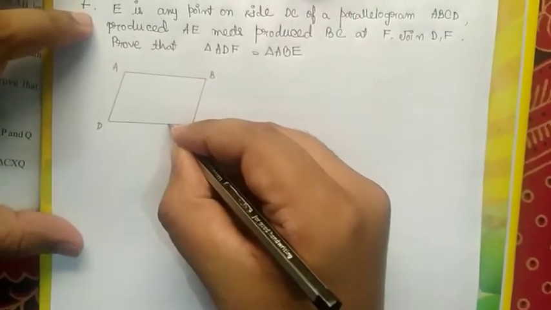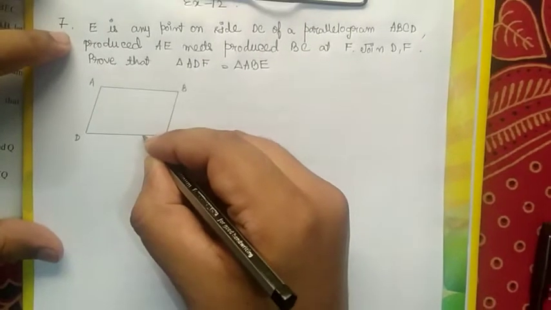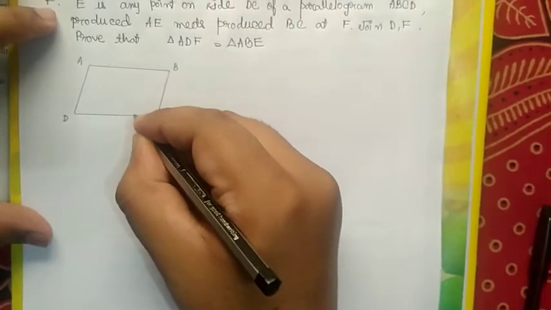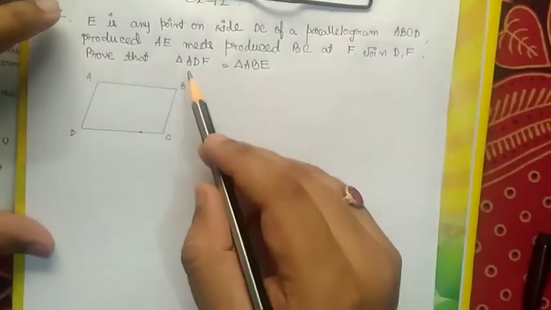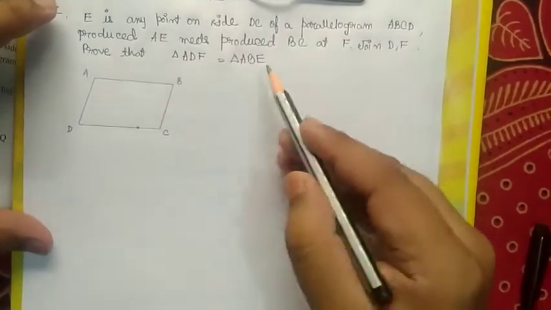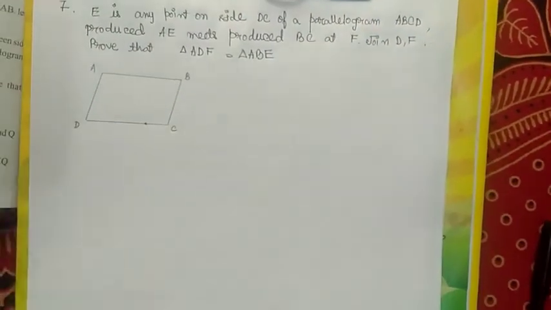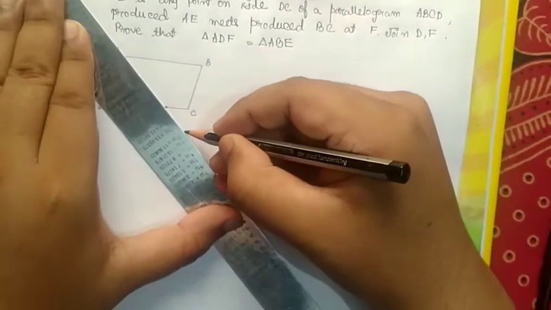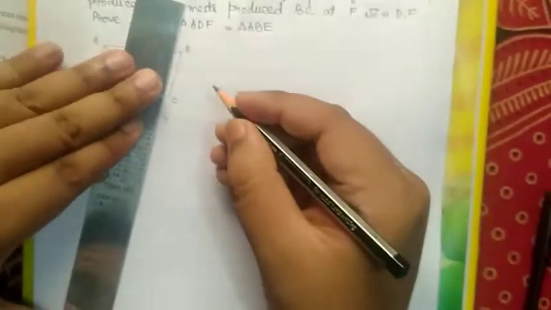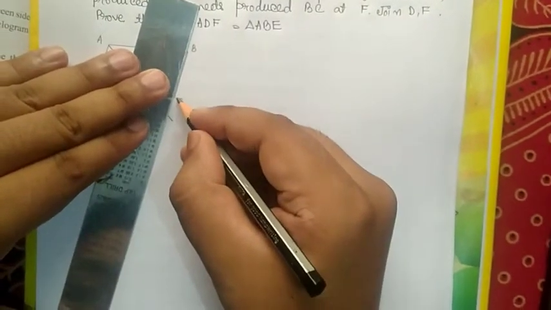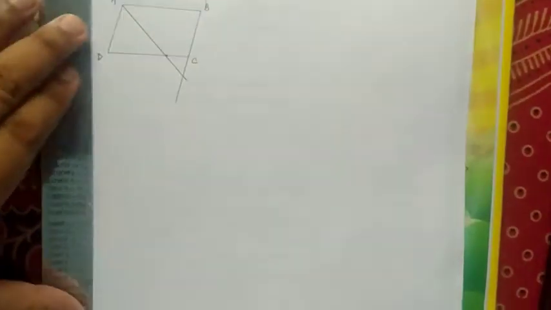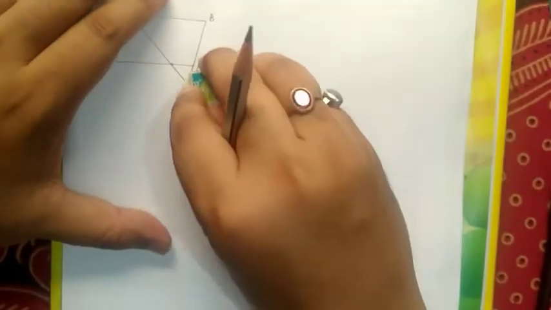Okay, E is any point on the side DC, means it's not the midpoint, so I can take E here. This is E. Now produced AE meets produced BC at F, so it should be like this. Picture should be like this.